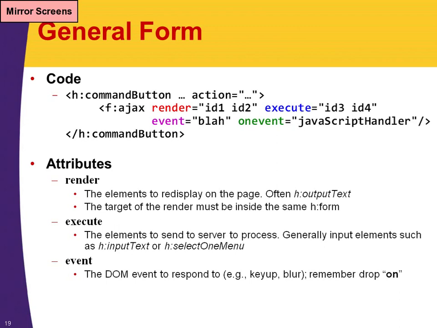What you do to refer to those, in the JavaScript world, it's onkeyup, onload, onblur, on whatever. Here you basically just drop the "on", and that's the keyword that you use. But it's the same event. And then onevent is saying that if that event happens, whatever else you do, call some local JavaScript that's written on the client and runs on the client side also.